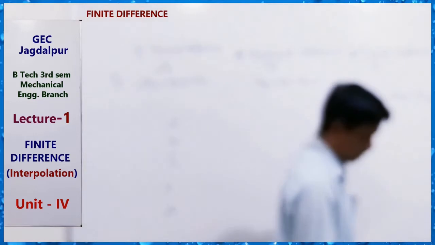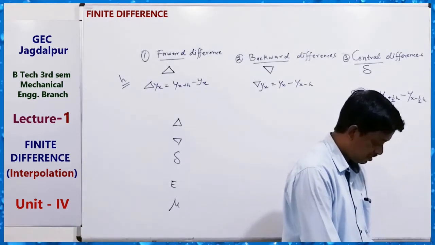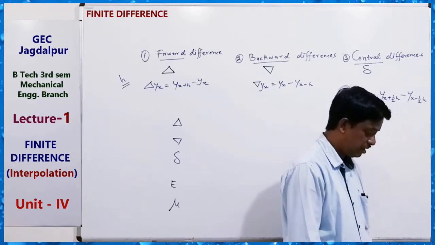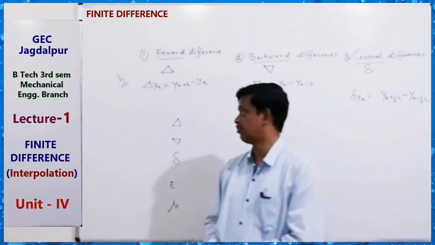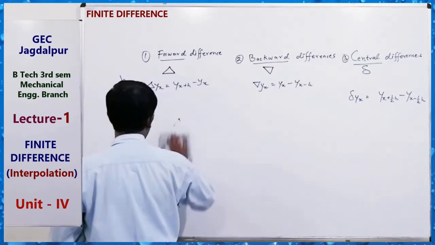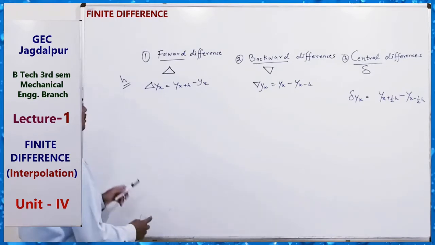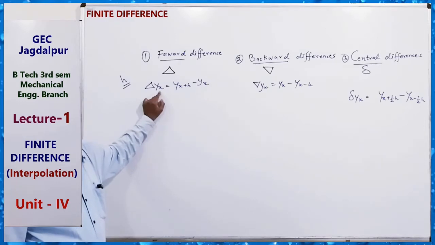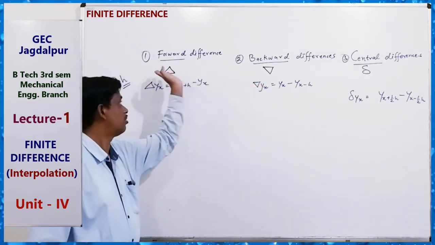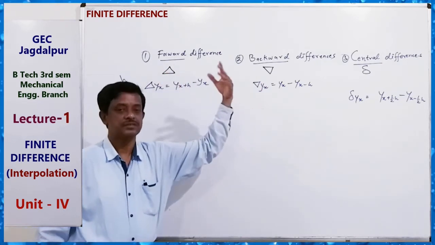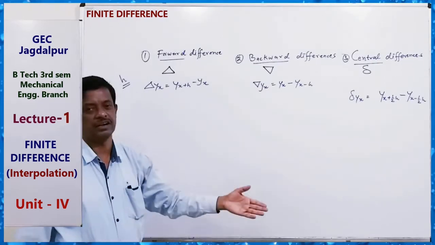First of all, see what is the meaning of preparing a table, and from the table how we can find the backward difference and forward difference. The main thing is the difference of the function at which argument. All types of differences, forward difference, backward difference, central difference, can be found from a single table.